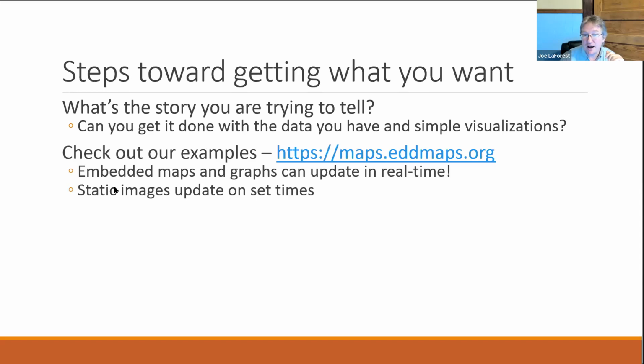Once you do have a clear story of where you want that to go, we do have examples. maps.eddmaps.org, go there. We're going to work on updating that documentation and get a more comprehensive set of maps listed up there. We're also working on doing a better job, and this is an early preview for you.